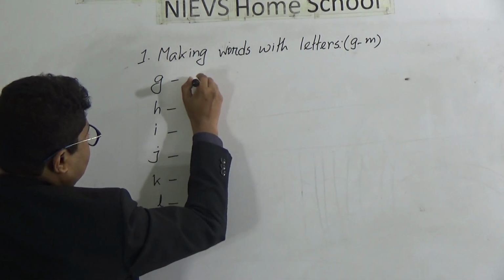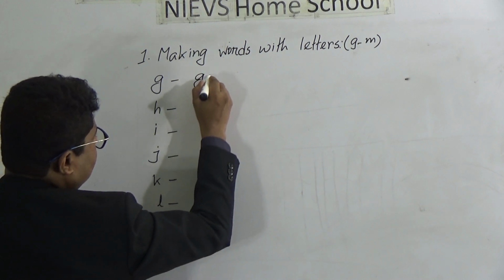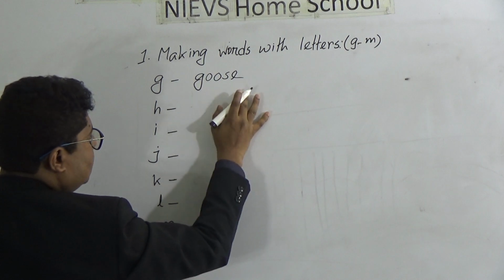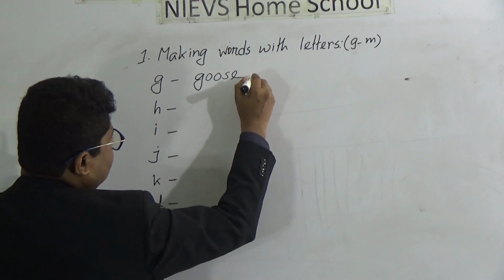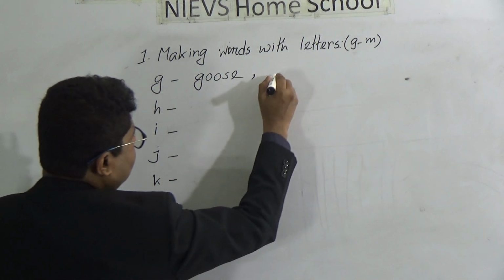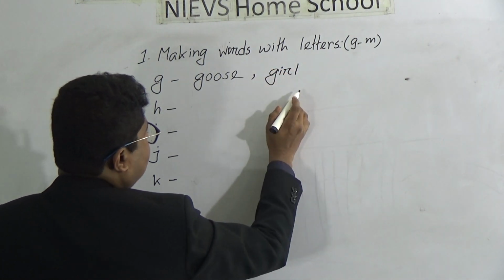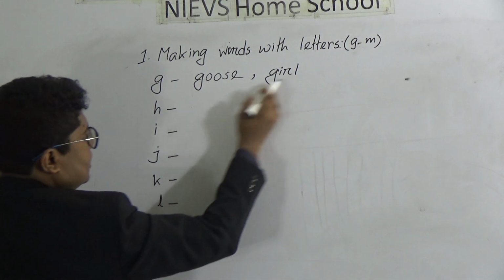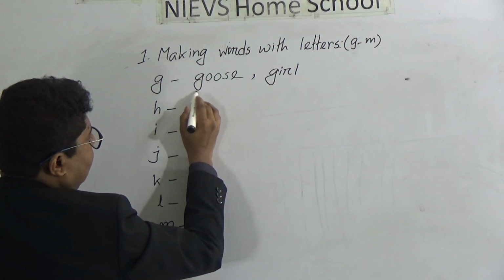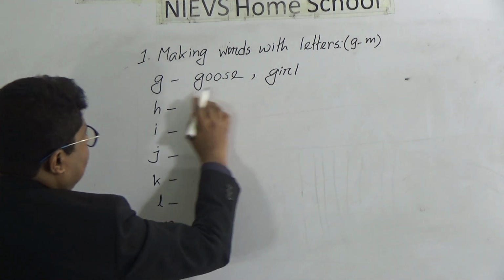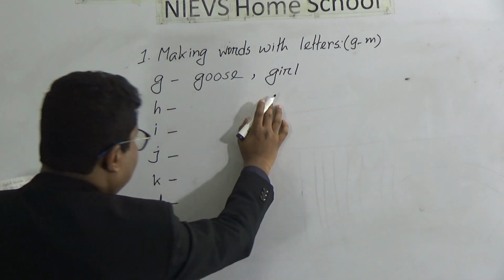So G will be small. Okay, G-double O-S-E, goose. G for goose. And G for girl. You have to put a comma here. Girl, G-I-R-L, girl. So G for goose, G for girl. You have to start the words with small letter. Okay, G for goose, G for girl.